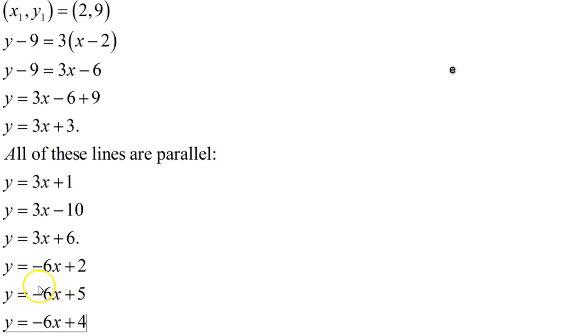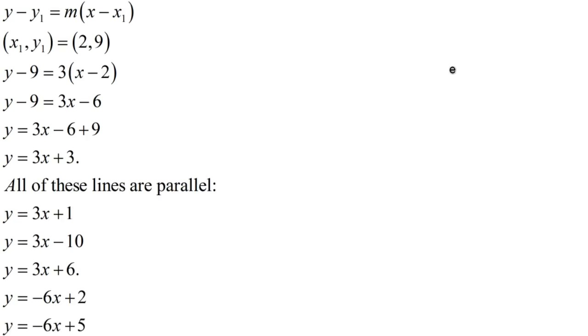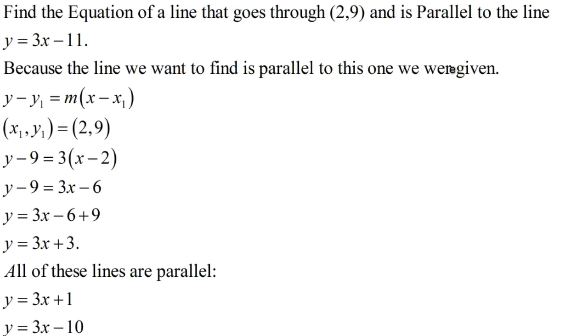So as long as the slope is the same, we know the lines are parallel. And if we want to find another equation, then all we need is a point if we already have a parallel line.